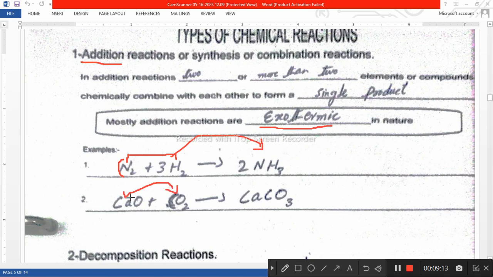There are two things on the reactant side, and on the product side we have only one thing. It means two reactants are combined together to make one compound. Such kinds of reactions are addition reactions.